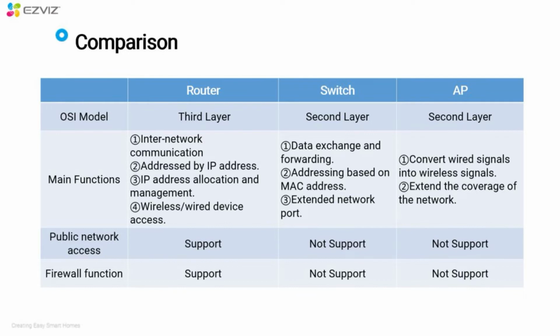So let's see the OSI model. The router is on the third layer, and the switch and AP are on the second layer. About the router, the main functions are inter-network communication, addressing based on the IP address, IP address allocation and management, and wireless or wired device access.